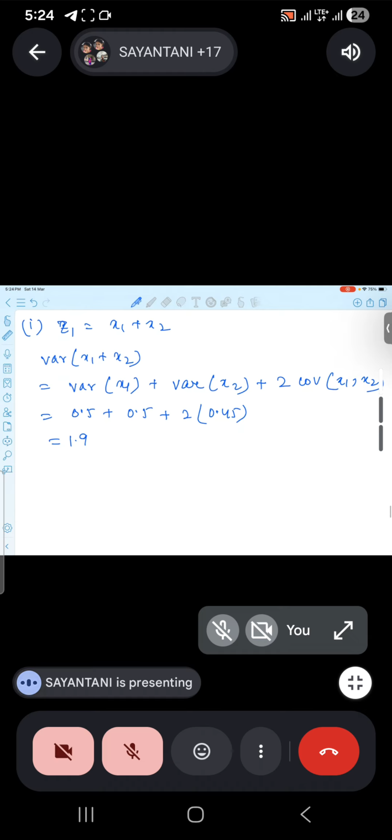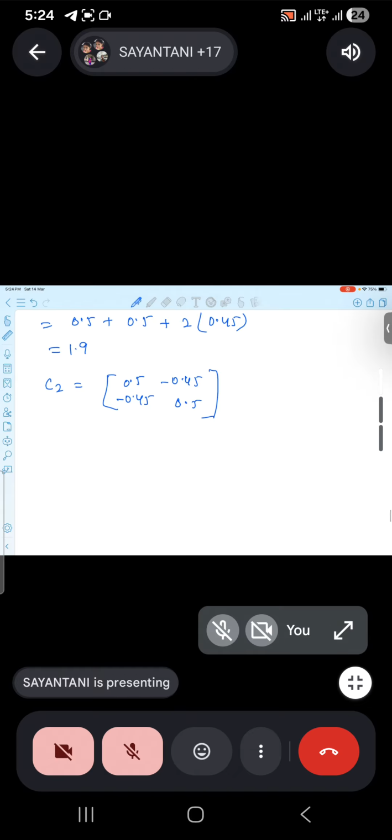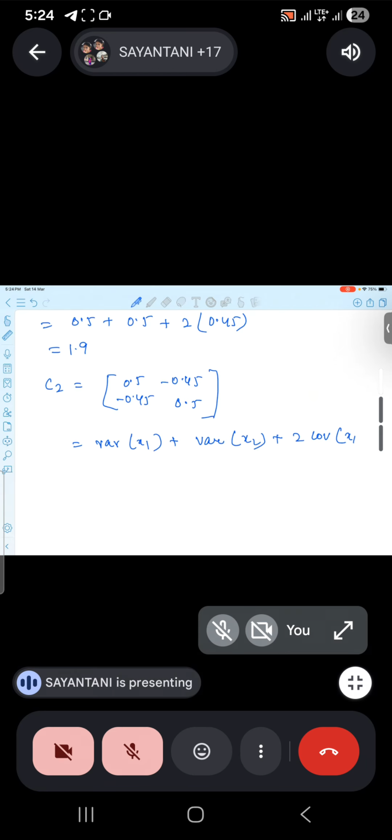Now, if I have to find out the same thing for class number 2, so class 2, I had the covariance is something like this. So again, I'm going to utilize the same formulation, variance of x1, variance of x2 plus 2 into covariance of x1 comma x2.